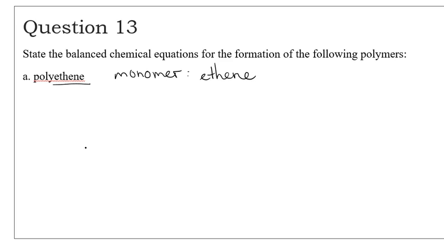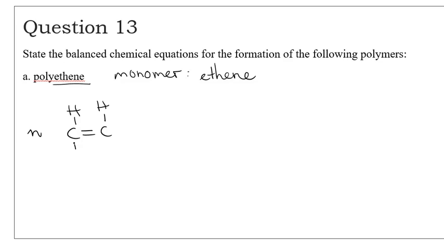Okay. The way to write the formation of a polymer, you want to start with the monomer. This is okay. This is not great, but I will live with that.